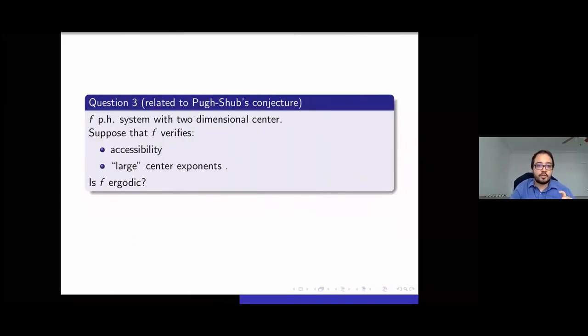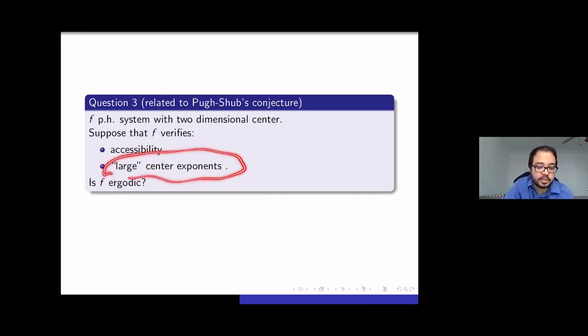And a third question, and this one I find very interesting. I really didn't have the time to work on this much, but I believe there could be something said here that goes back to Pugh-Shub's conjecture. Suppose you have accessibility in a partially hyperbolic system with two-dimensional center, and you don't assume center bunching, but you assume large exponents in the sense of Crovisier-Pujals type of construction.